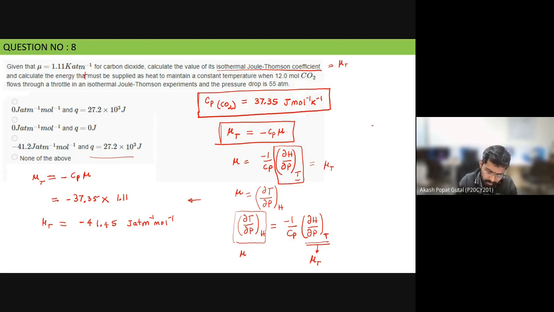What they are asking us is what heat must be supplied to maintain a constant temperature when 12.00 mole of CO2 flows through a throttle in an isothermal Joule Thomson experiment and the pressure drop is 55 atm. What is given here is that the pressure is dropping by 55 atm. Let me take one more slide.